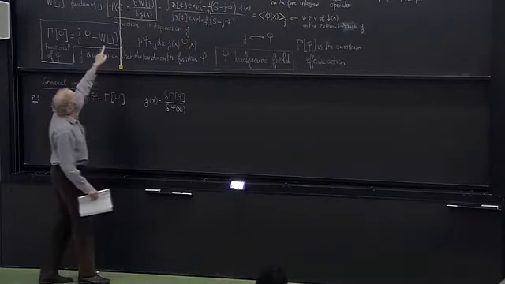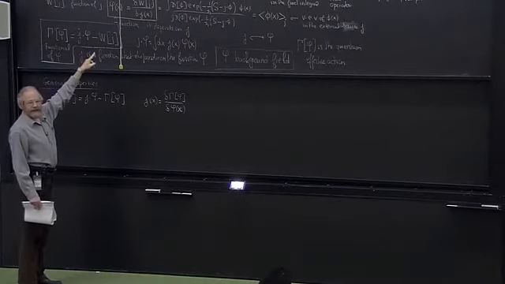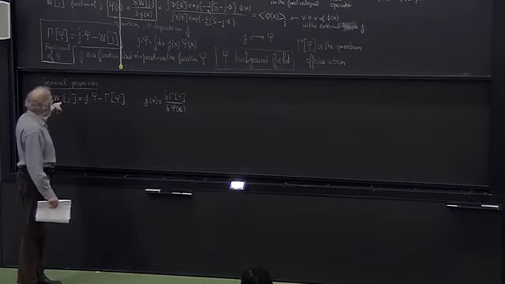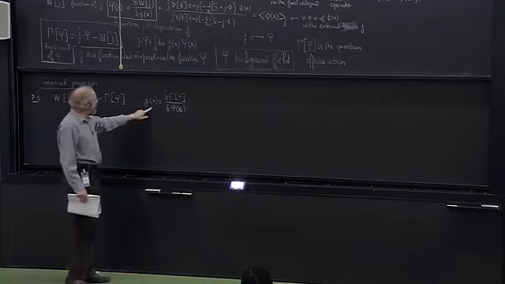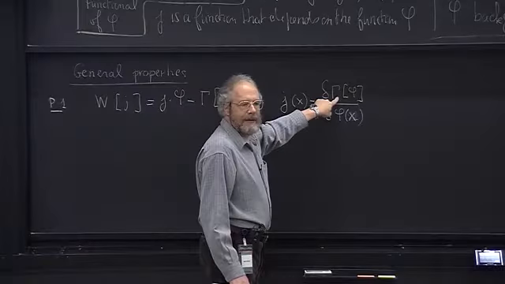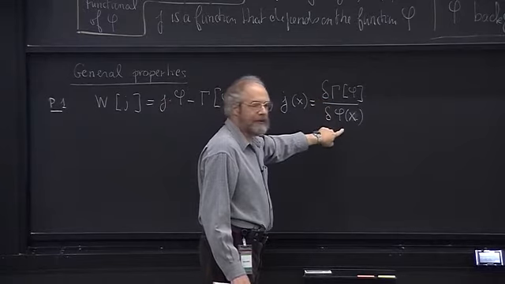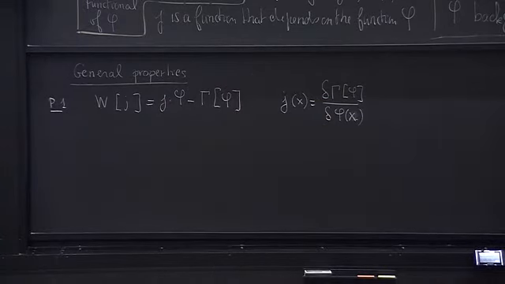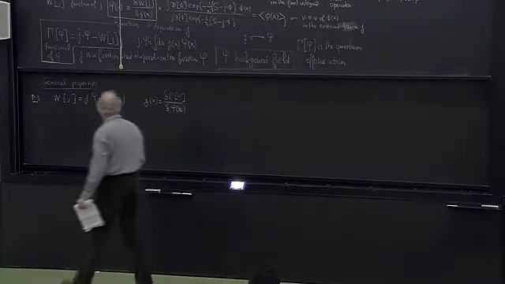So phi is a functional derivative of W, but once you define the Legendre transform, G is also the functional derivative of gamma with respect to phi. So it's a general property of Legendre transform. Okay.